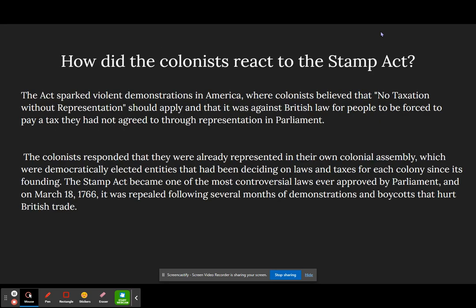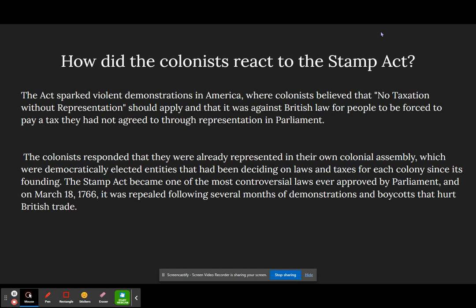And how did the colonists react to the Stamp Act? The act sparked violent demonstrations in America, where colonists believed that no taxation without representation should apply, and that it was against British law for people to be forced to pay a tax they had not agreed to through representation in Parliament.